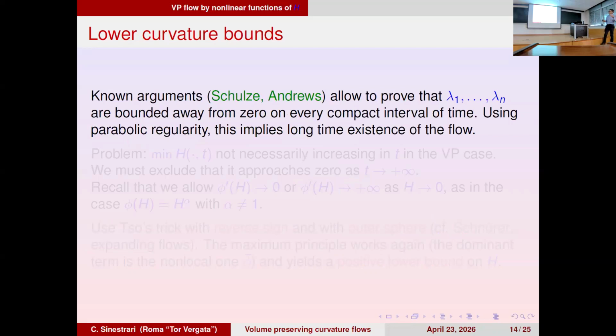The other concern, as I mentioned, is to show that lambda 1, lambda n do not approach zero.